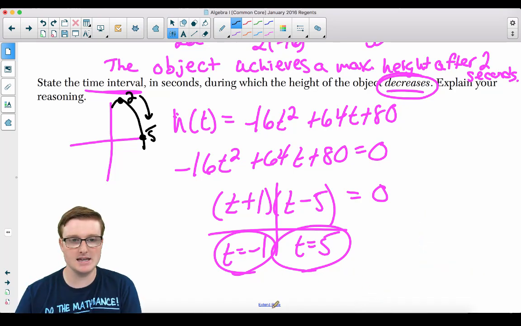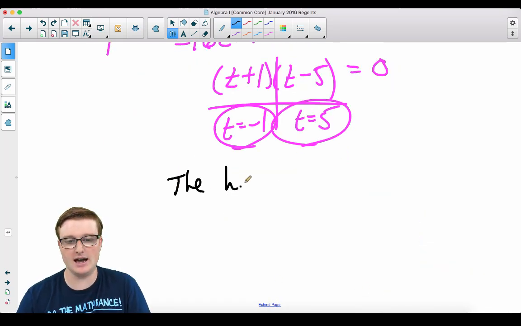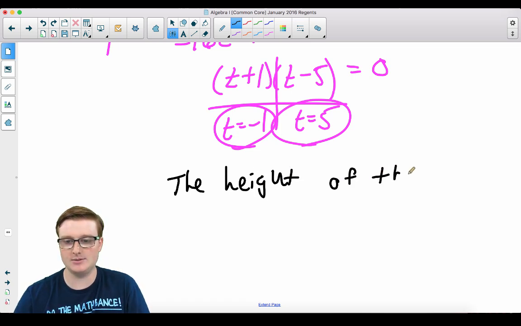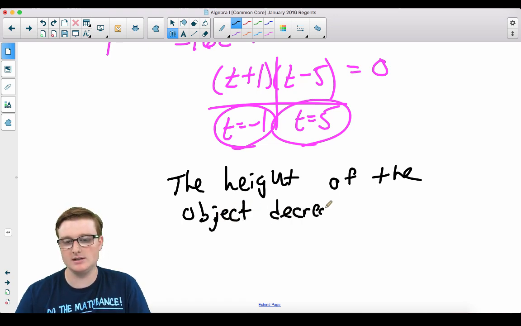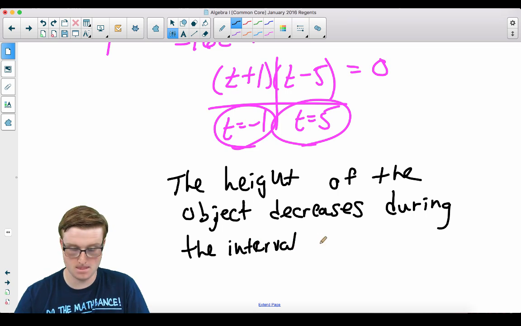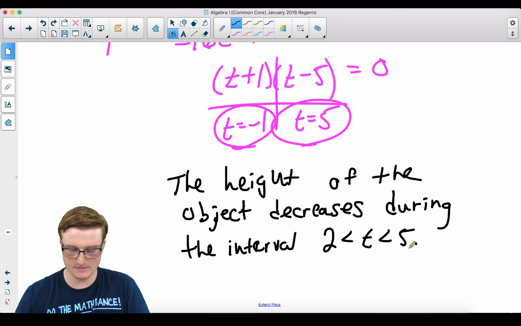So what we're going to say here is, in the explanation, we're going to say that the height of the object decreases during the interval 2 is less than t, which is less than 5.